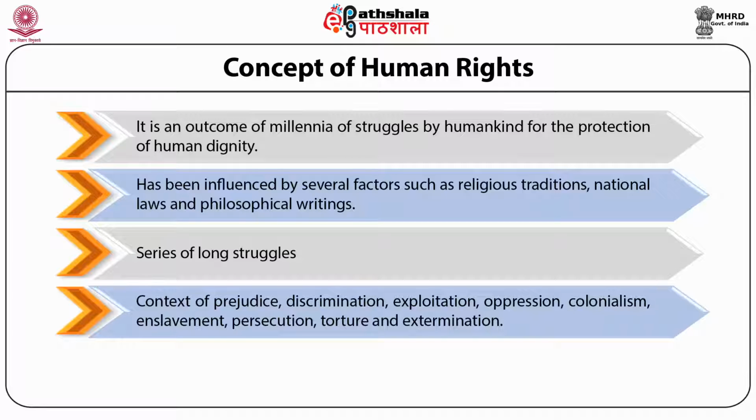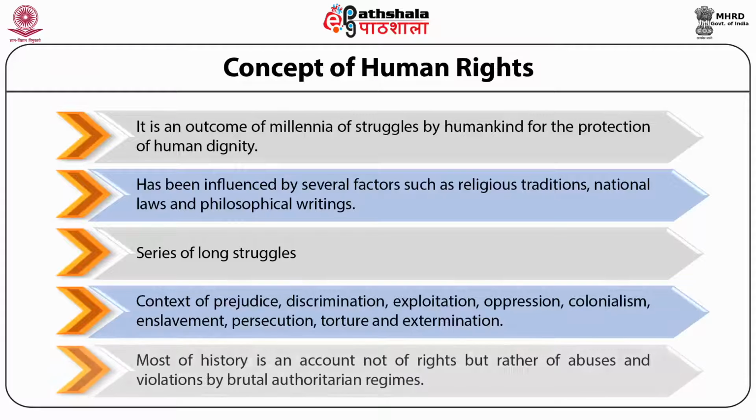Often, some of them followed religious lines, gender, and other forms of persecution. Most of history is an account not of rights but rather of abuses and violations by brutal authoritarian regimes.